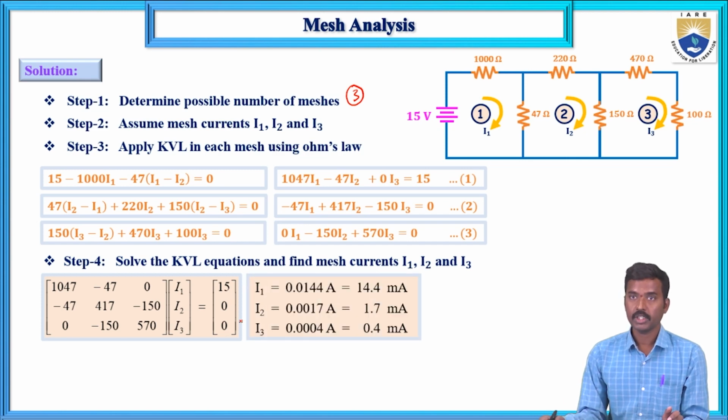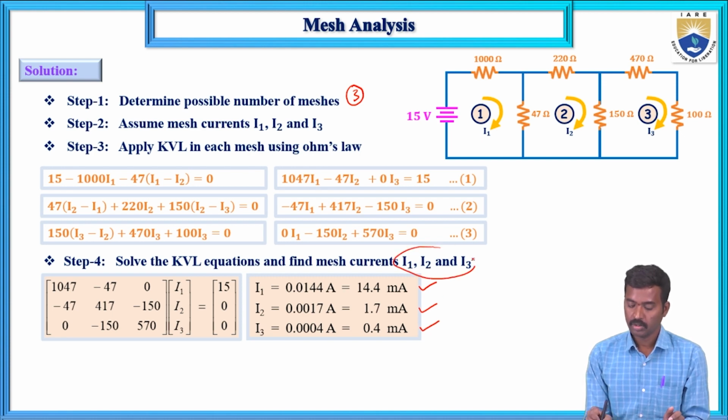The solution is I1 equals 0.0144 amperes, I2 equals 0.0017 amperes, I3 equals 0.0004 amperes, that is 14.4 milliamperes, 1.7 milliamperes and 0.4.